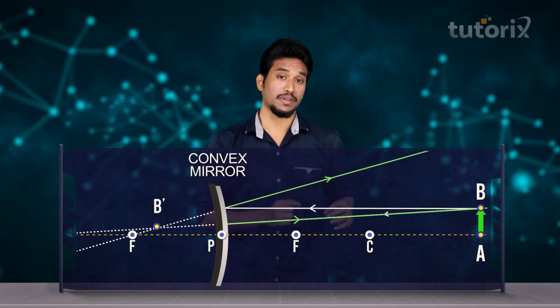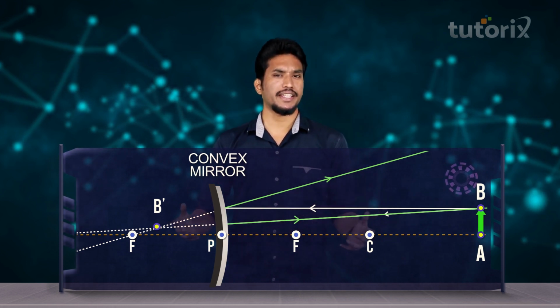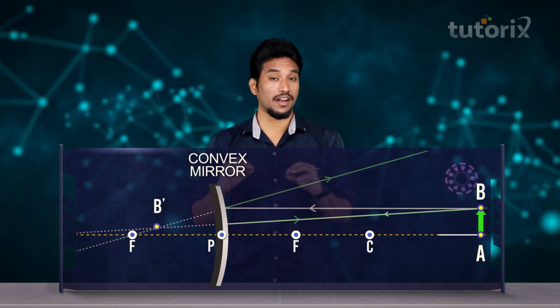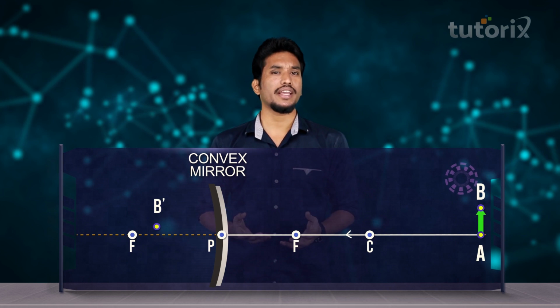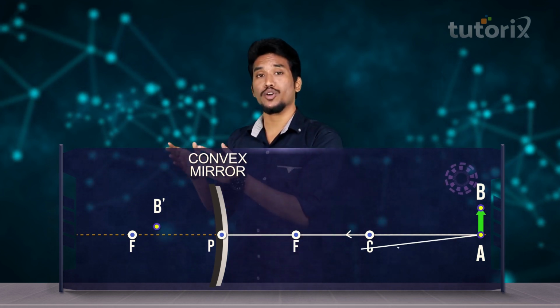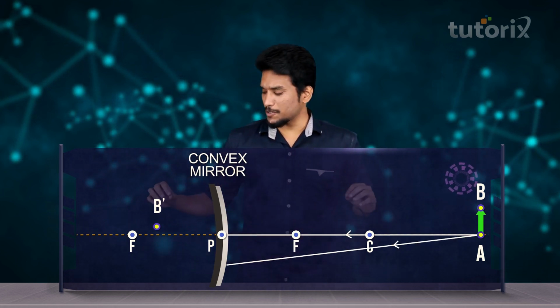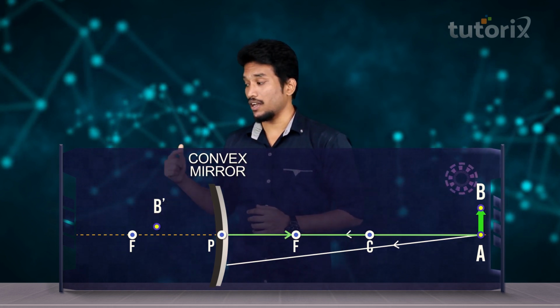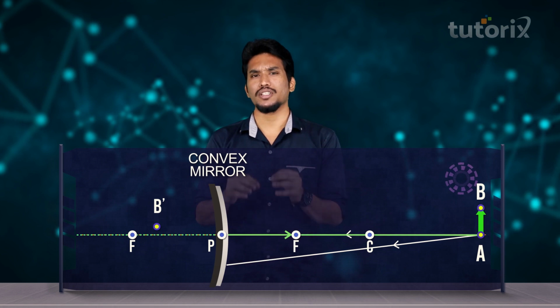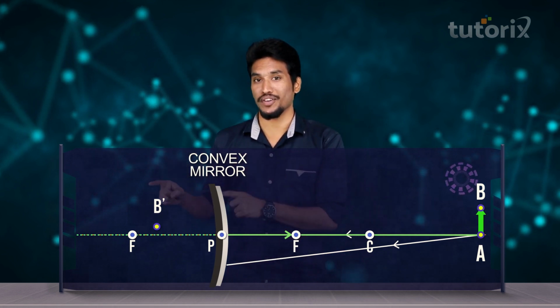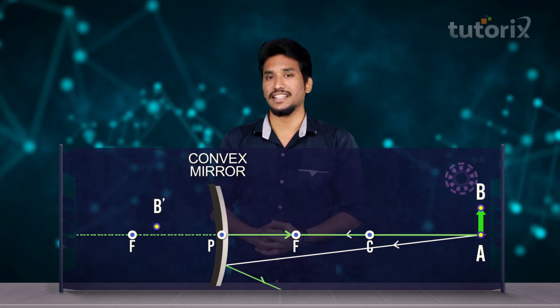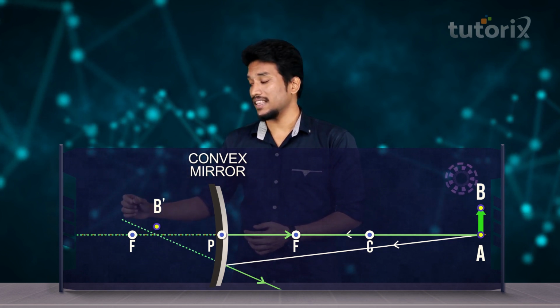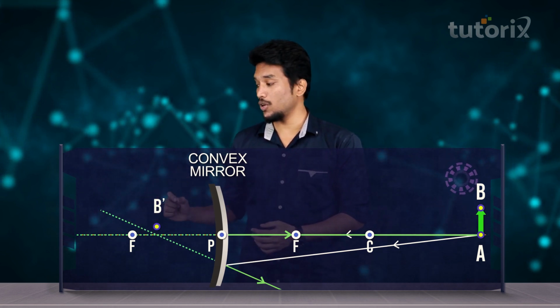Now let's form an image of the other point which is on the principal axis, that is point A. So let's take two rays that are coming out of it. One is parallel to the principal axis and the other one is just a ray which is incident onto the convex mirror. This ray which is parallel to the principal axis reflects back and appears to be coming from the other side of the convex mirror. Now the second ray which is just incident onto the convex mirror reflects, and if we retrace the path, then it forms an image between the pole and the focus.